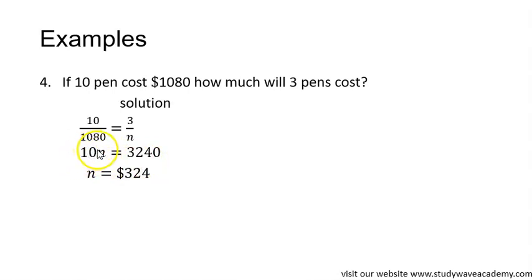Here we have 10n over 10 is equal to 3,240 over 10. So 10 cancels 10, you are left with n, and 3,240 divided by 10 is going to give you 324. So n is equal to $324, okay?